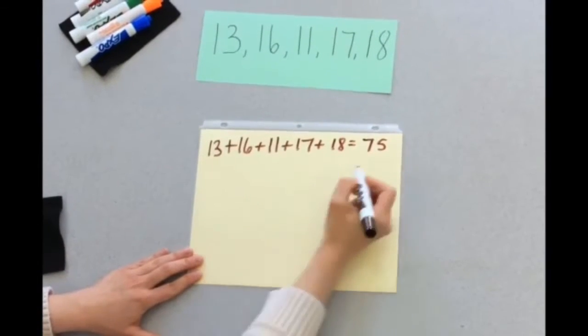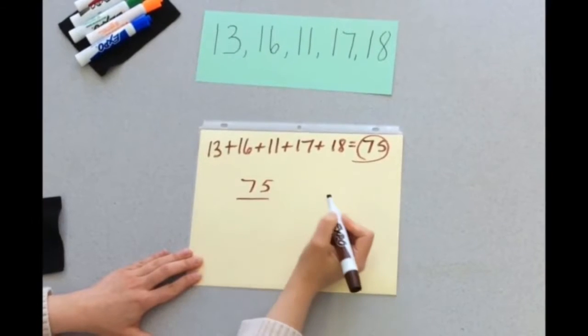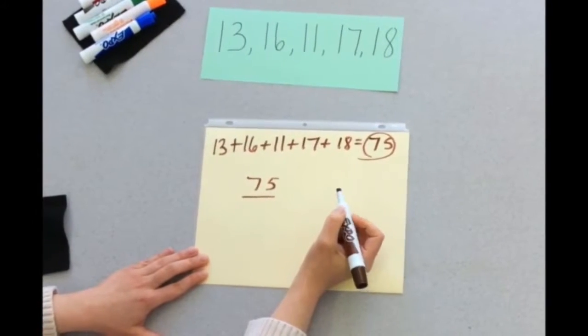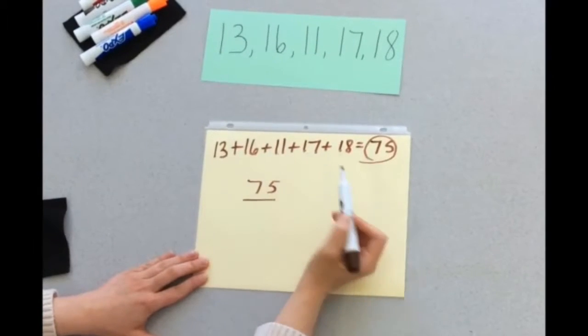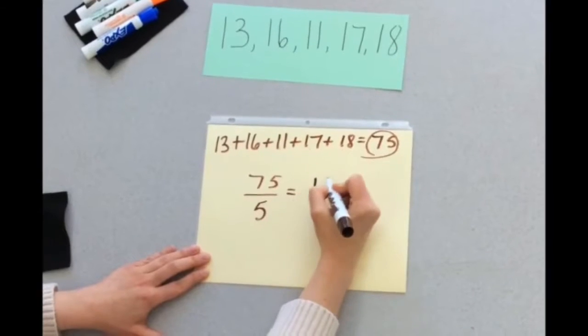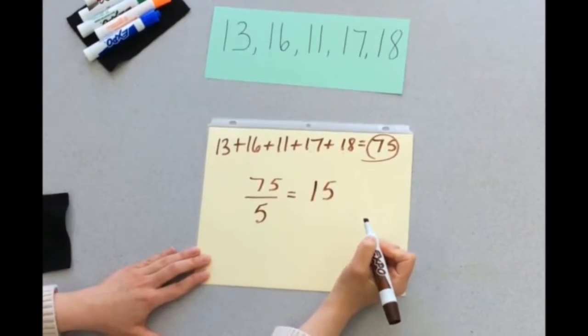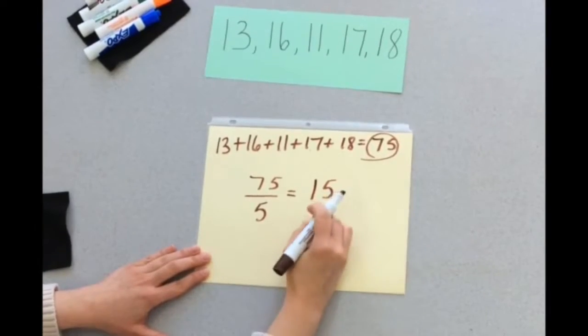Now our next step is to take our sum, which is 75, and divide it by the total number in our data set. 1, 2, 3, 4, 5. Notice we have 5 numbers, so we're dividing this by 5. The answer is 15. Sarah's scoring mean was 15 points per game.